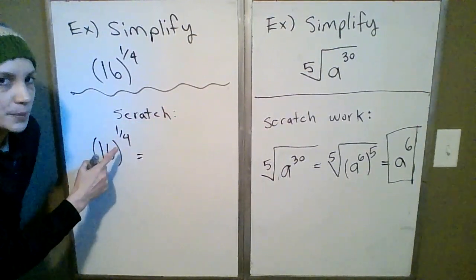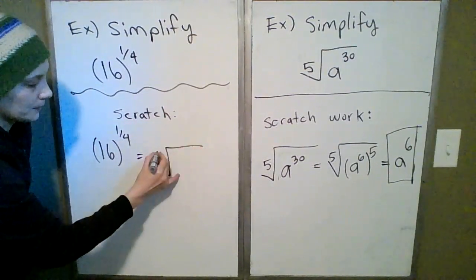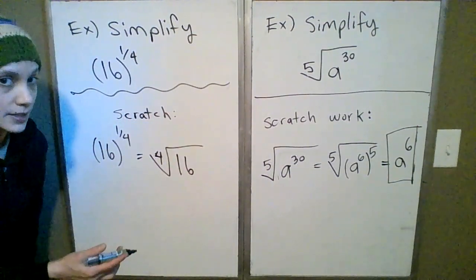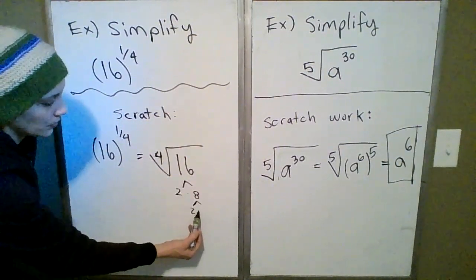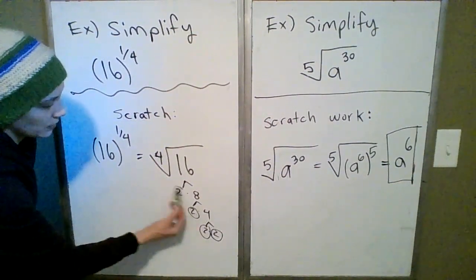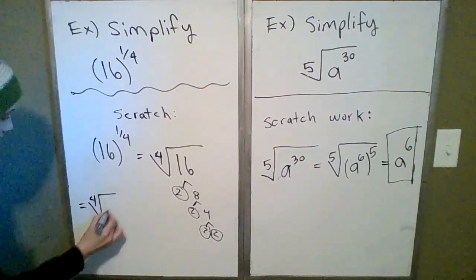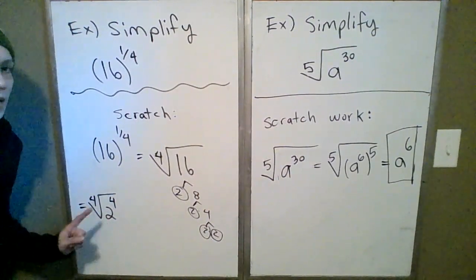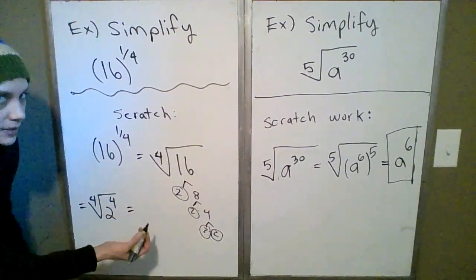So I would take this 1/4 power and write it as the 4th root of 16, and then factor 16: 2 times 8, which is 2 times 4, which is 2 times 2. So 2 times 2 times 2 times 2, or the 4th root of 2 to the 4th. And this simplifies to 2.